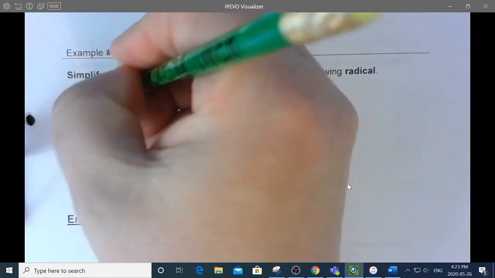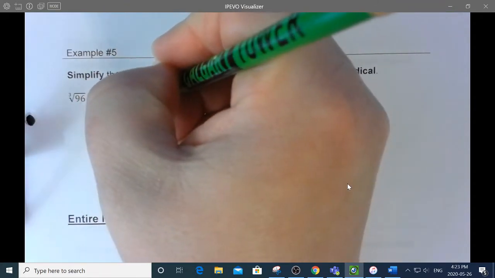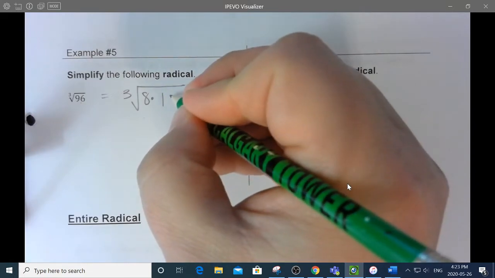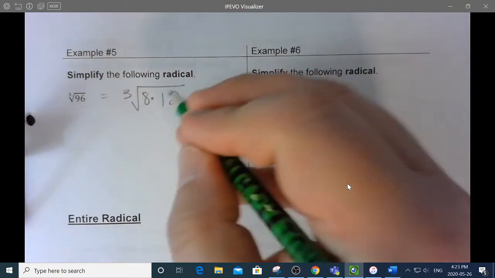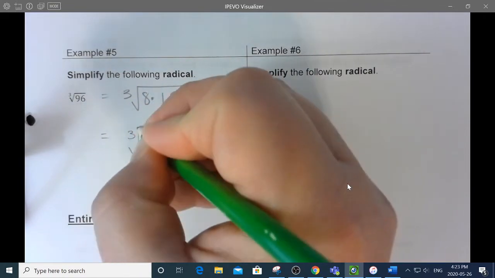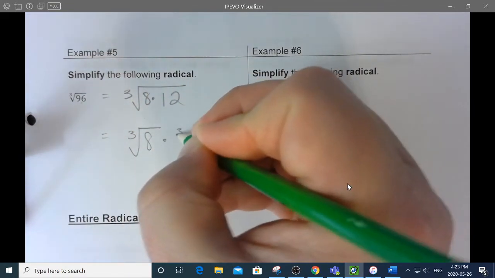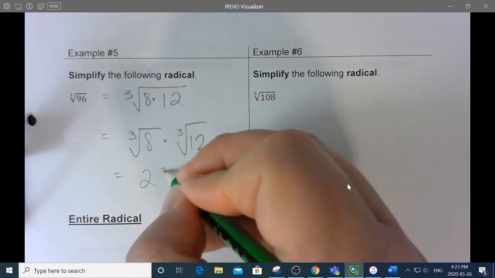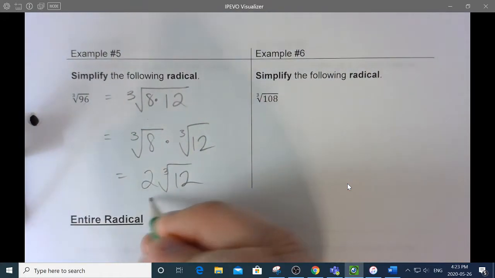So it's going to be the cube root of 8 times... Now, 8 goes into 9 once and into 16 twice. So there are no perfect cubes in 12. So that's going to be the cube root of 8 times the cube root of 12, which is going to be 2 cube root 12.